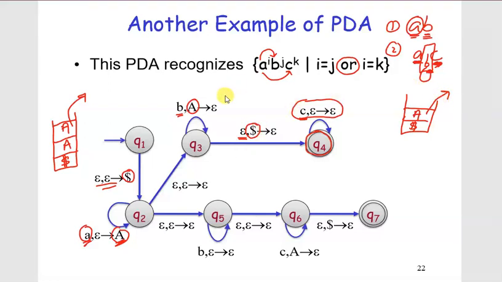So in this diagram, we read A and then we push capital A into the stack. Next we read alphabet B, but we do not push or pop any alphabet into or from the stack, because B is an independent alphabet.